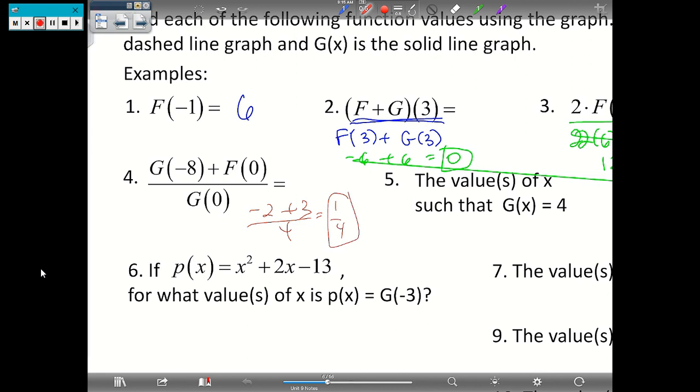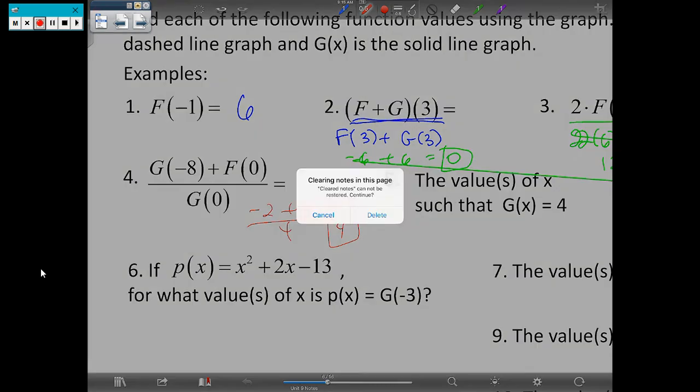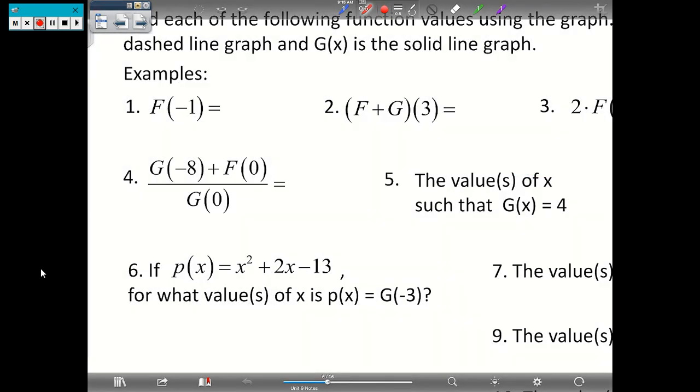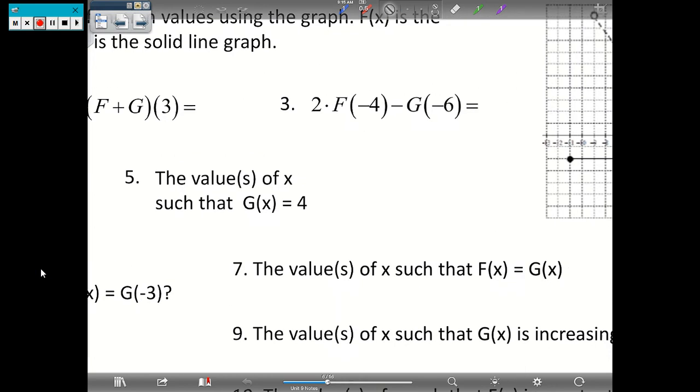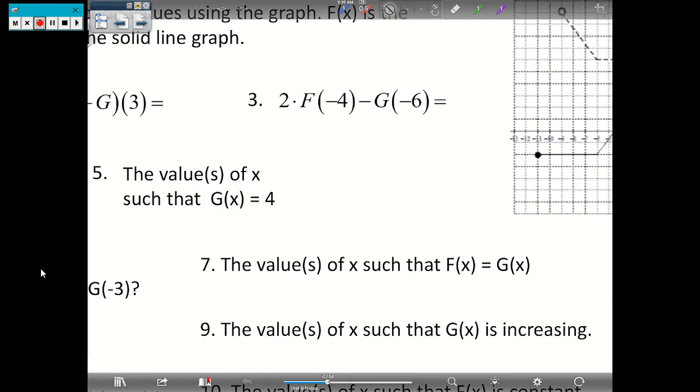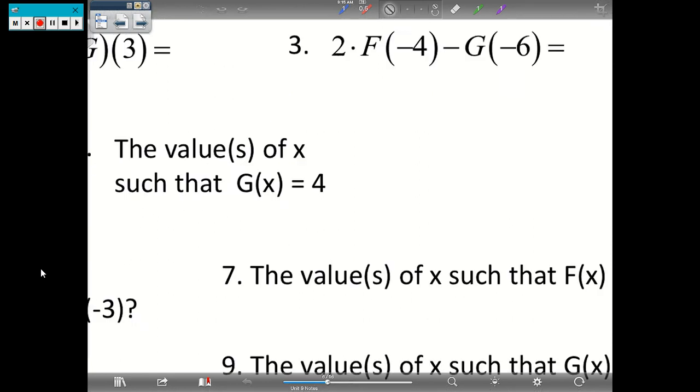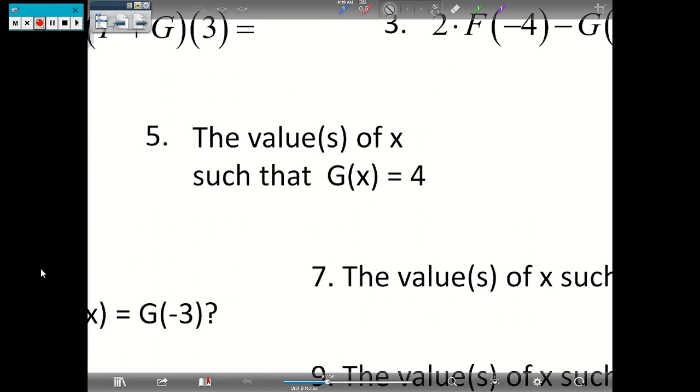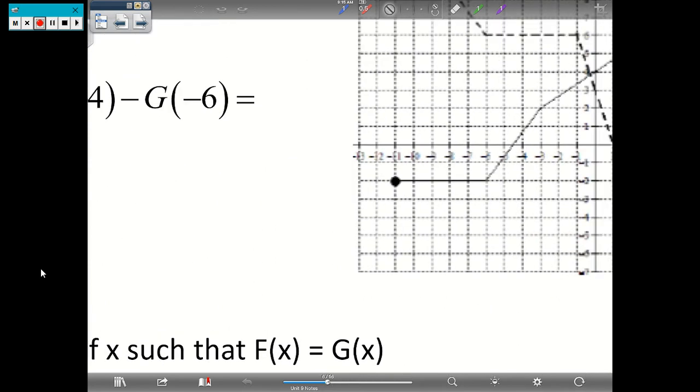Okay, great. So now let's get to a little bit more abstract use of the graphs. Number 5 asks the values of x such that g of x equals 4. Let's think about what that means. G of x equals 4 means the y value of g is 4, right? So we go over here and look.